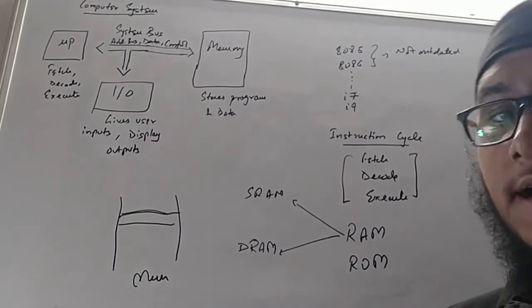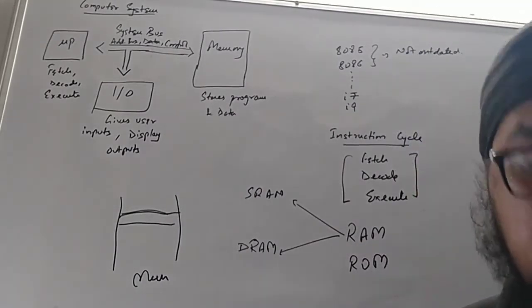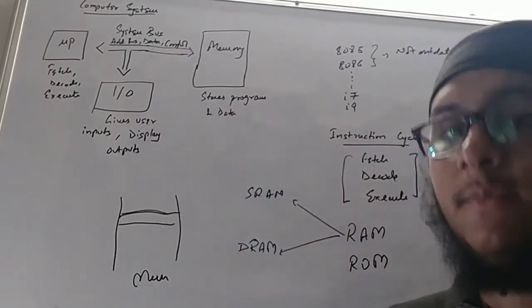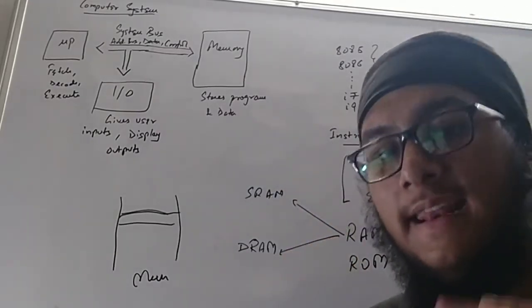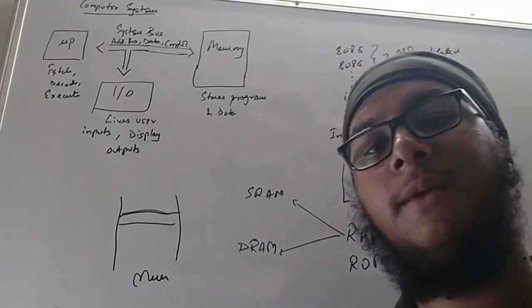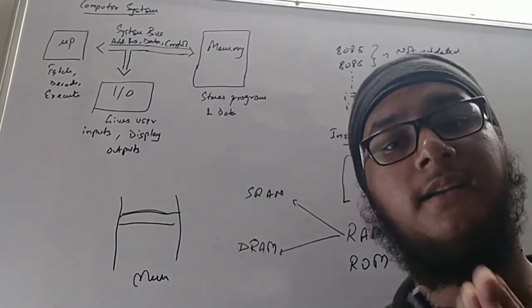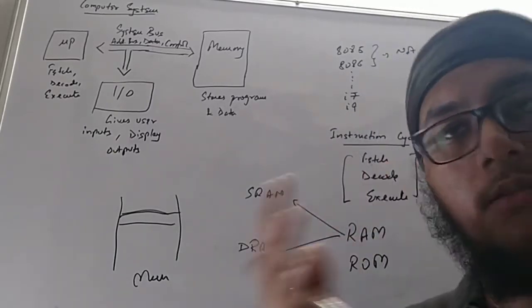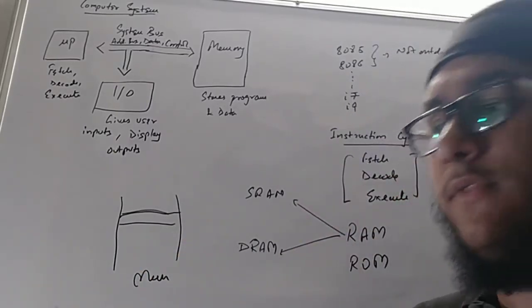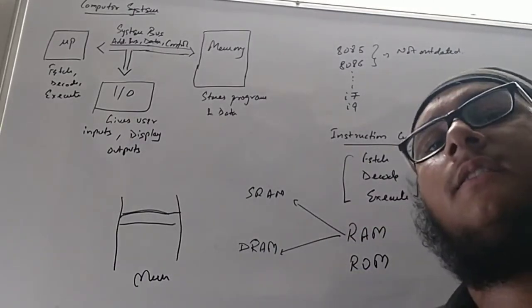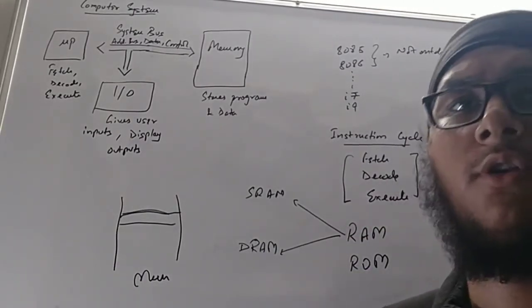Every location contains 1 byte, that is 8 bits of data, and that is true for every microprocessor. Remember this, I'll be repeating this line in future videos as well. There is a very good reason for this, and you will learn it in future videos when we discuss memory banking in the 8086 microprocessor.